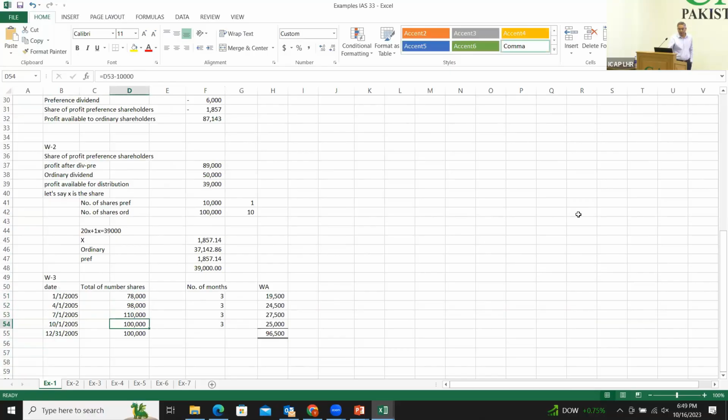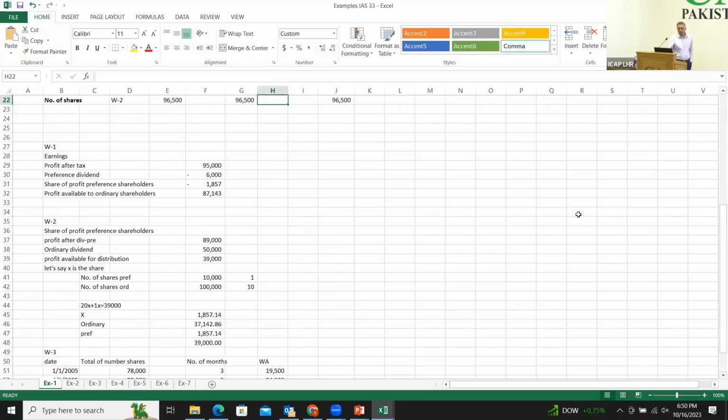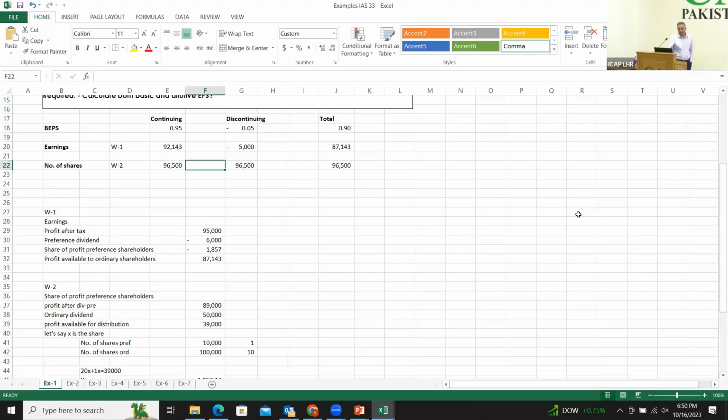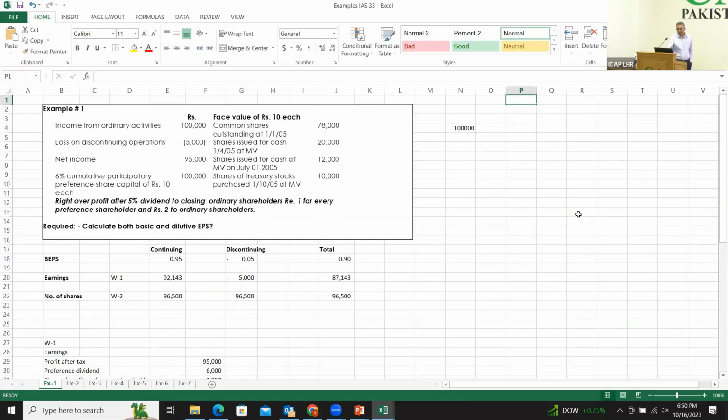Then the third issue. Then you purchase back. All these transactions occurred after 3 months, so every aggregate number of shares was outstanding for 3 months. So here is your weighted average number of shares. And this is your basic EPS from continuing, this is discontinuing, and this is net.